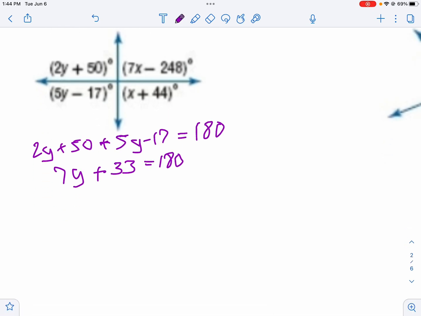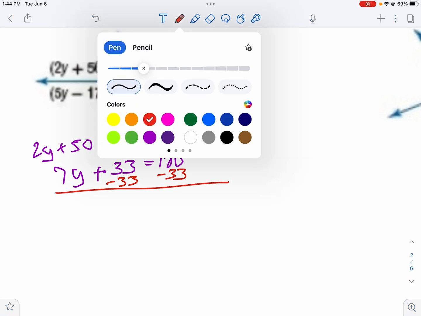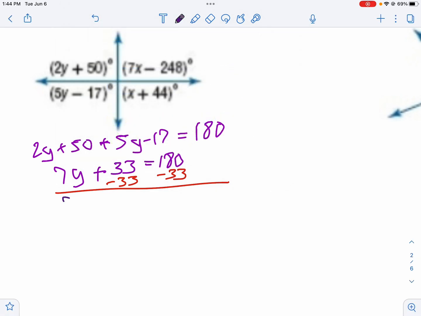Then we can subtract 33 from both sides, and we get 7y on the left equals 180 minus 33. Well, 180 minus 33 is 147, so we'll divide both sides by 7, and y would be 21.